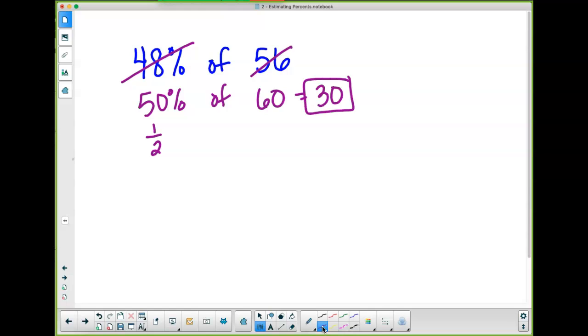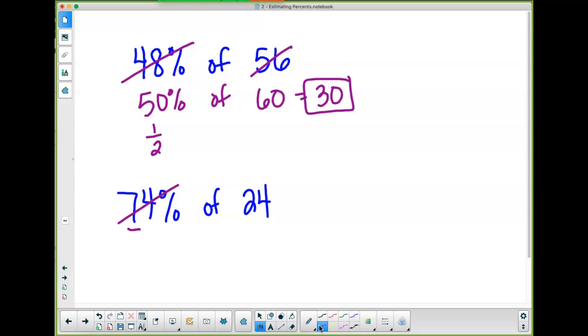Okay, what if I gave you this one? 74% of 24. Okay, look at our benchmarks. 74% is close to what percent? 75, okay?